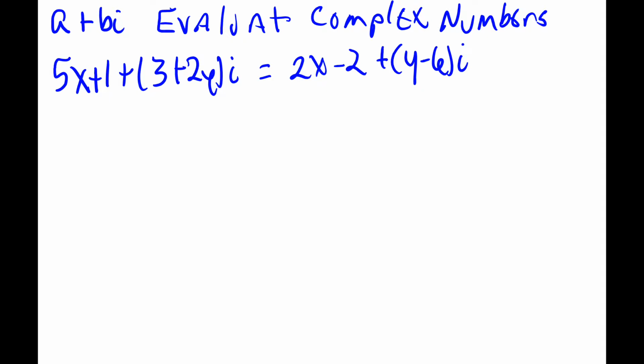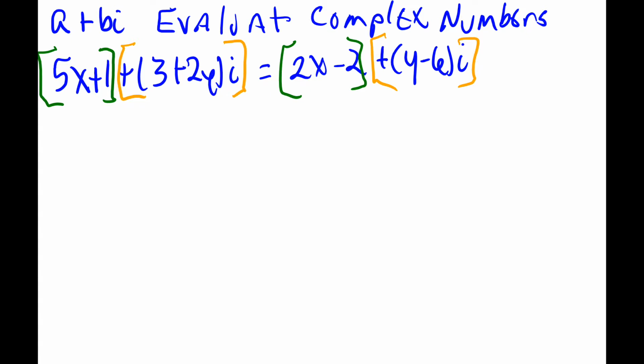We're being asked to evaluate for both x and y. In order to do that, we are going to break this down into its real components and its imaginary components, and solve for each. This is my real component, and here's the second part of my real component, and this is my imaginary component. My real components have the x variables, and my imaginary components have the y variables.